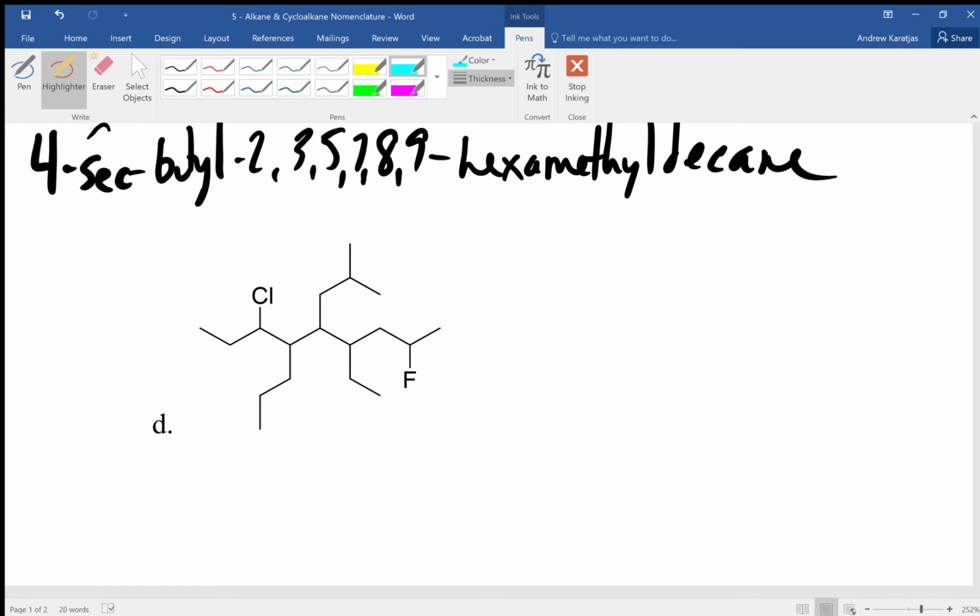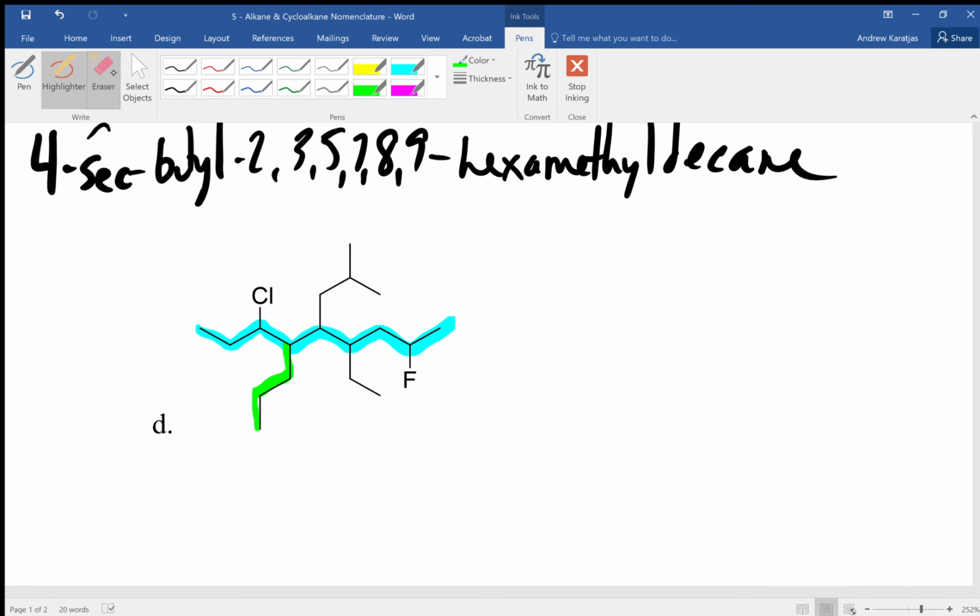All right, part D, our longest chain is going to be 9 carbons and go straight down the center. Now you might be wondering, instead of going that way, why didn't I come up this way? Because that's also 9 carbons. But if you count the number of substituents, we'll end up with less substituents going in that direction.